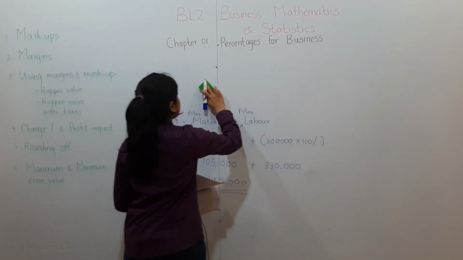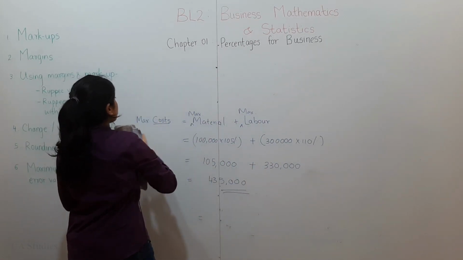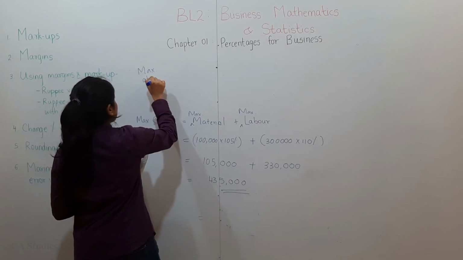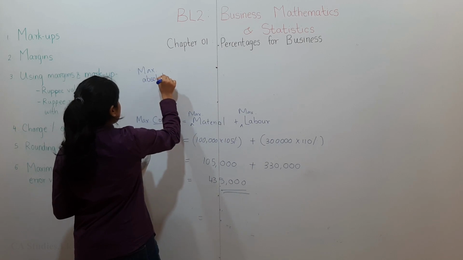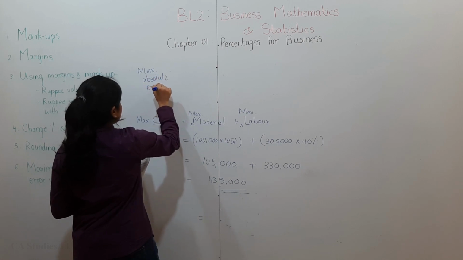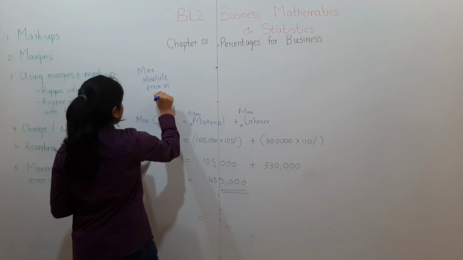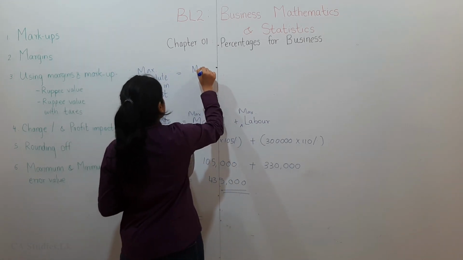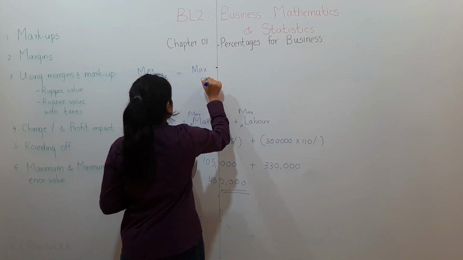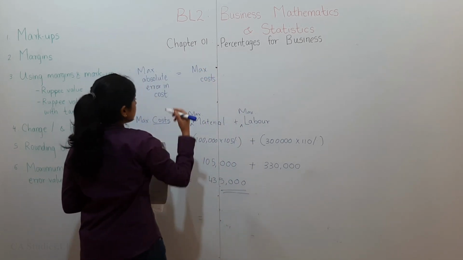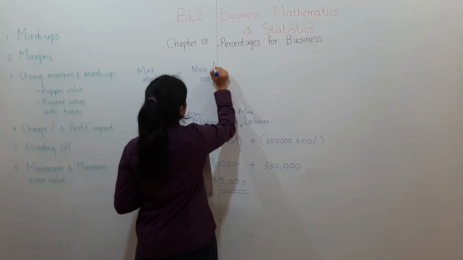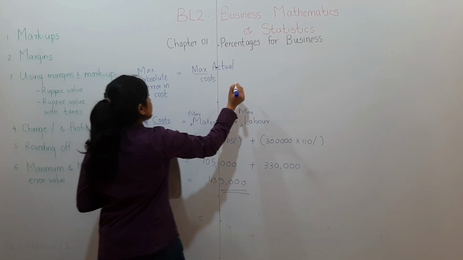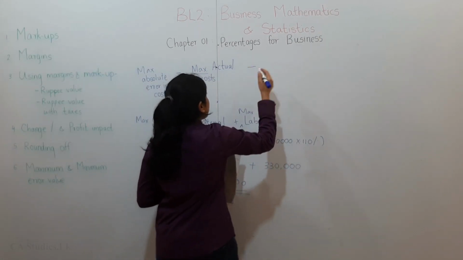So your maximum absolute error in cost is maximum actual cost, not the rounded, actual minus estimate.